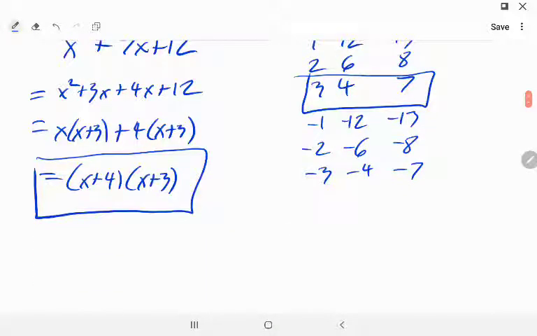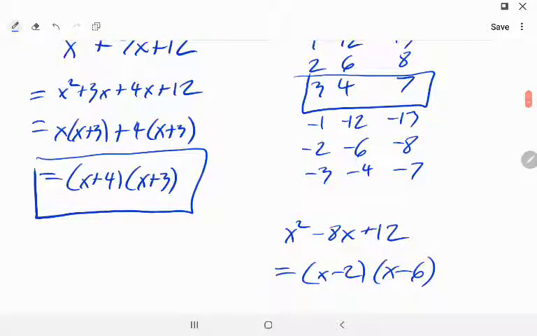If we had said x squared minus 8x plus 12, we know that is going to be x minus 2, x minus 6, just by looking at negative 2 plus negative 6 is negative 8, negative 2 times negative 6 is positive 12. So if the product is equal to c and the sum is equal to b, we have our factorization.